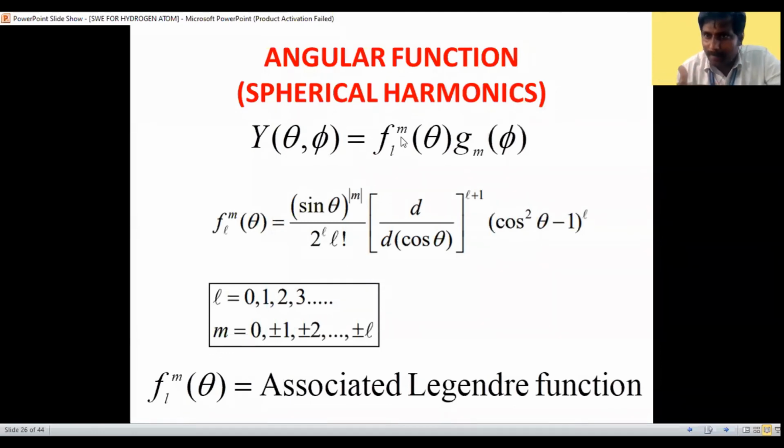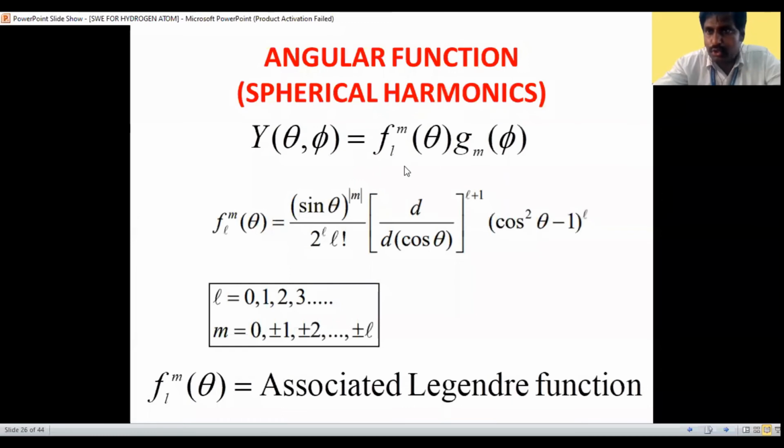Here the phi value will be from 0 to 2 pi, and the theta value will be from 0 to pi, that is 0 to 180 degrees. And the G value will be from 0 to 2 pi, that is 360 degrees.